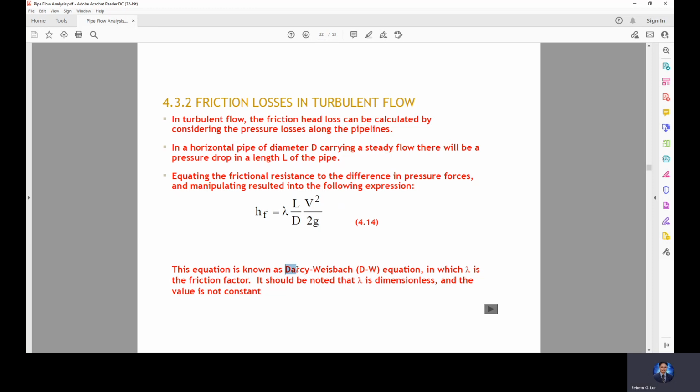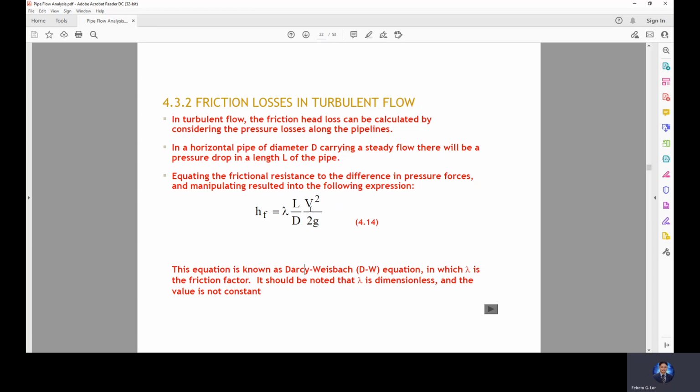If you're familiar with Darcy, I don't know if you have already discussed this in your soil mechanics, your geotechnical subject, Darcy's law is about flowing water in soil, our permeability, right? Actually it is the same person, that is Darcy.